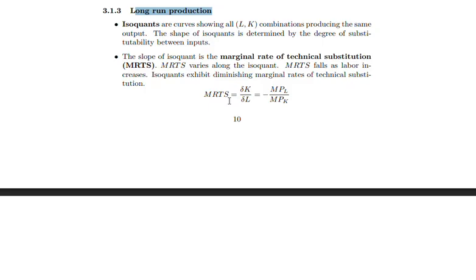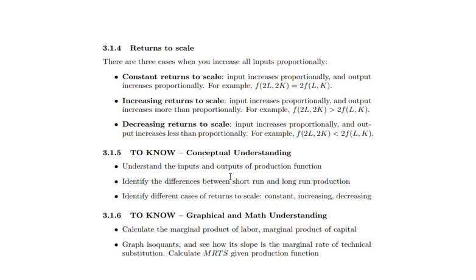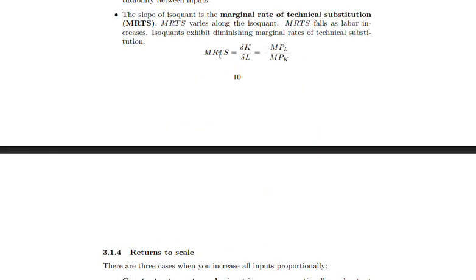With more labor, you are going to be unwilling to substitute your capital for labor, because you already have a large amount of labor. Isoquants exhibit diminishing marginal rates of technical substitution. MRTS is negative MPL over MPK.